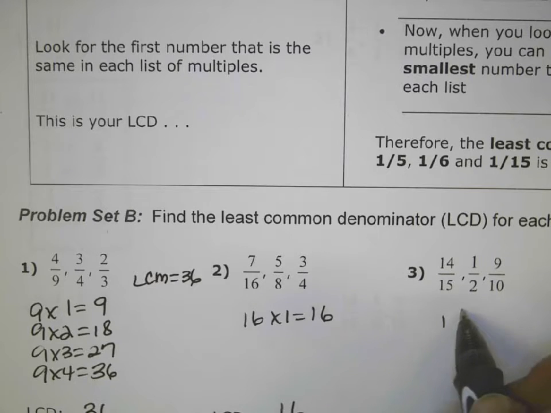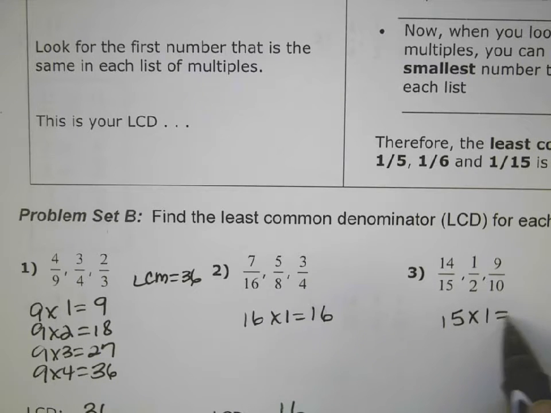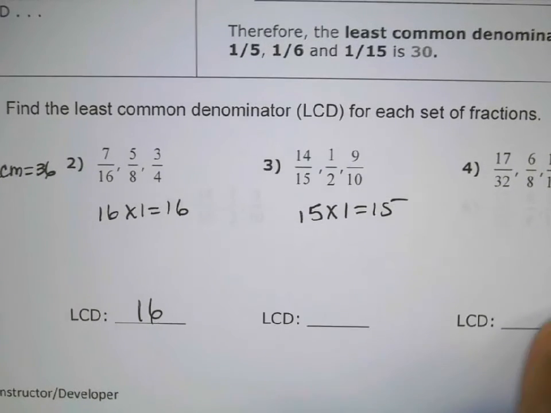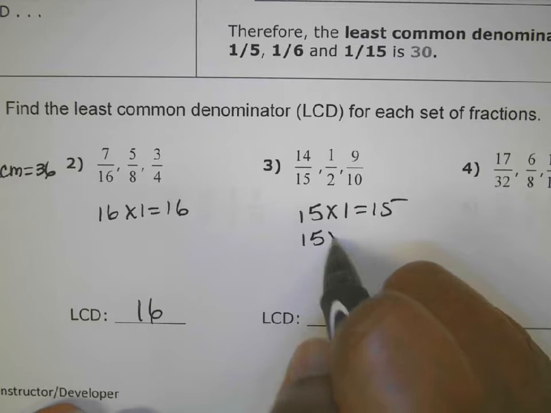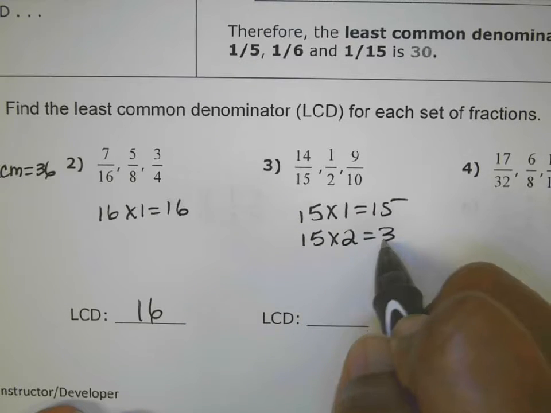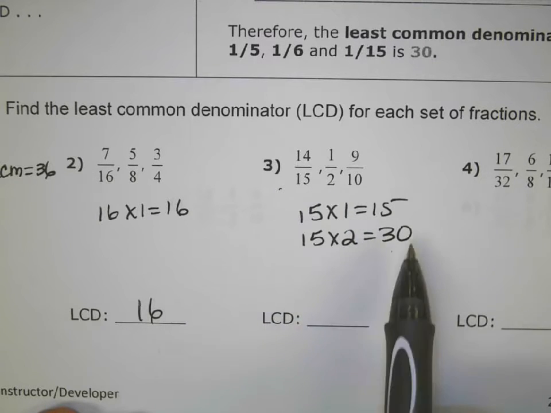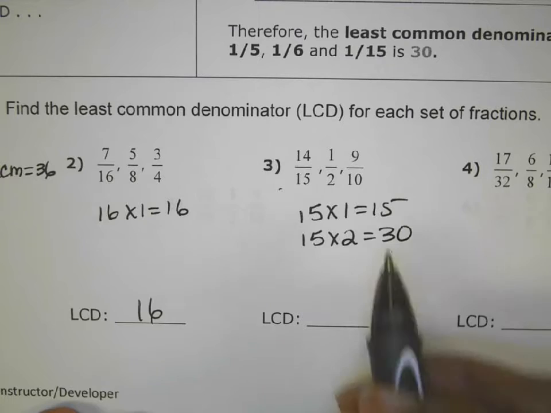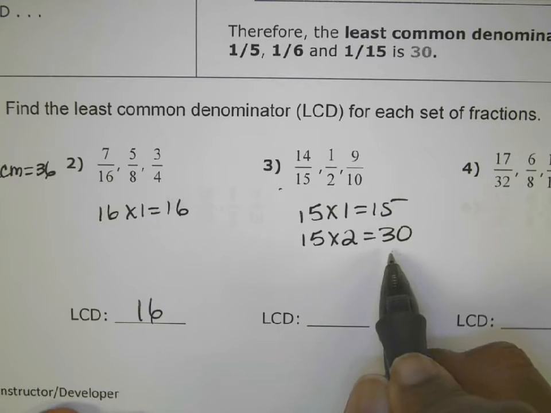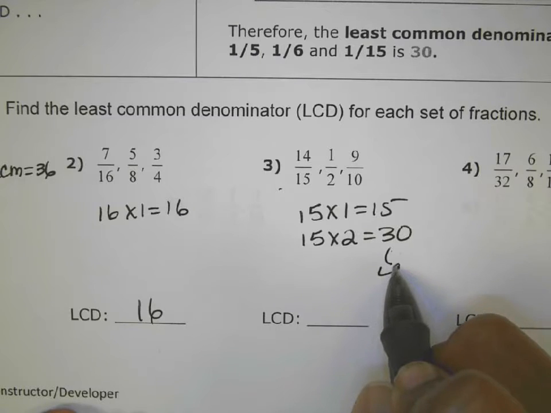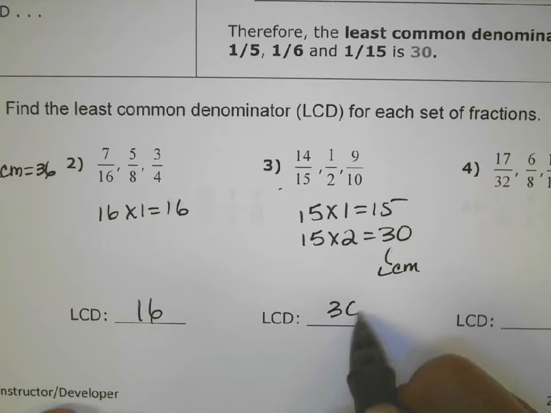Number 3, I have 15 times 1. My problem with 15 is, will 2 go into 15? That's my problem. So I've got to go to the second multiple. But 15 goes into 30, 2 goes into 30, and 10 goes into 30. So what's my LCD if my LCM is 30? 30.